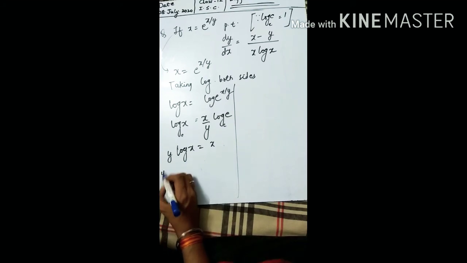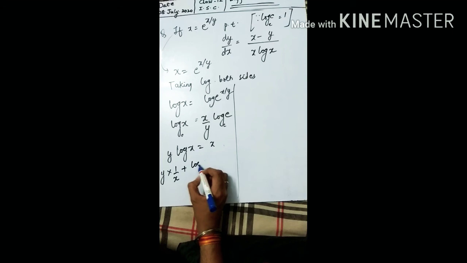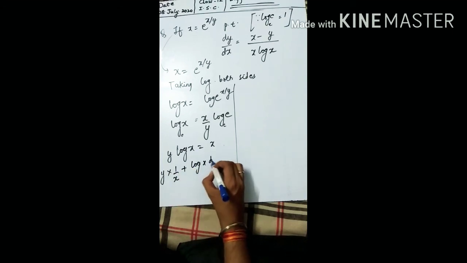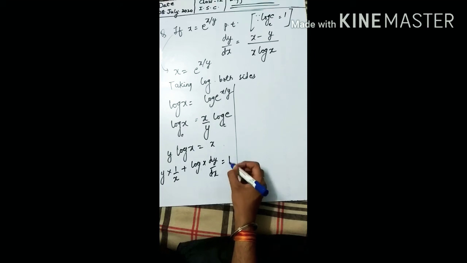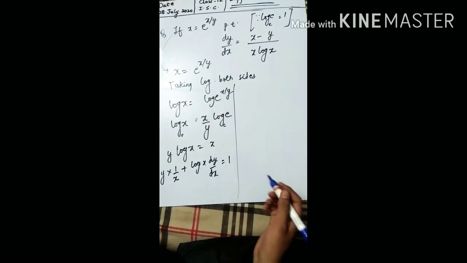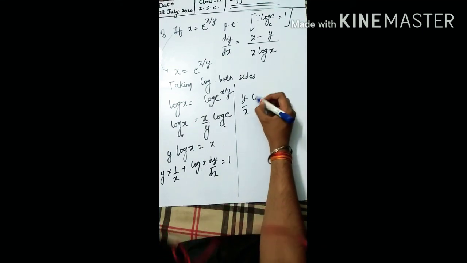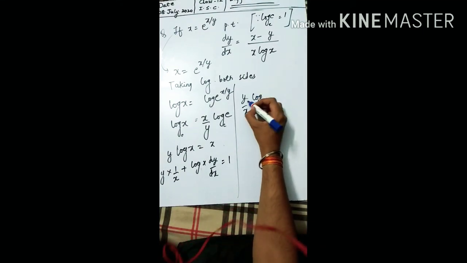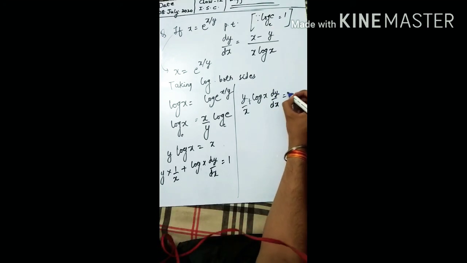Keeping y as it is, differentiation of log x is 1 upon x. Keep log x as it is, differentiation of y is dy/dx, and differentiation of x is what? 1. Now this is y upon x plus log x dy/dx is equal to 1.